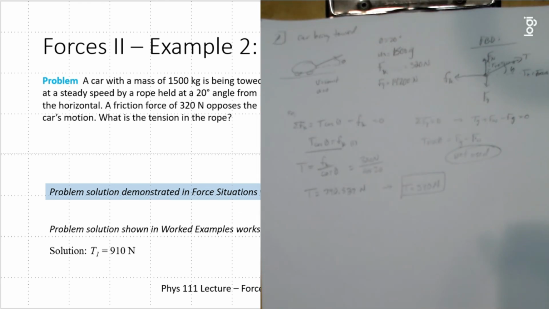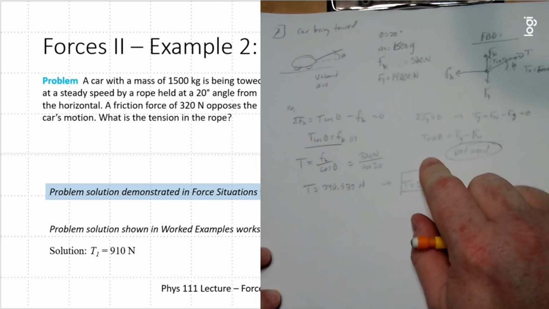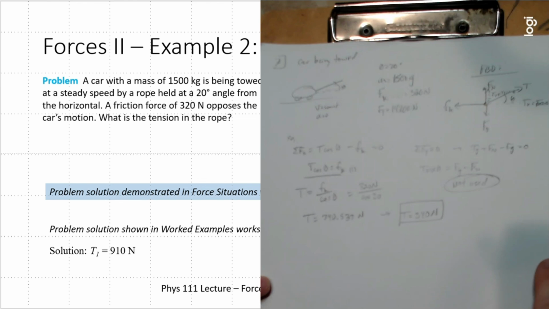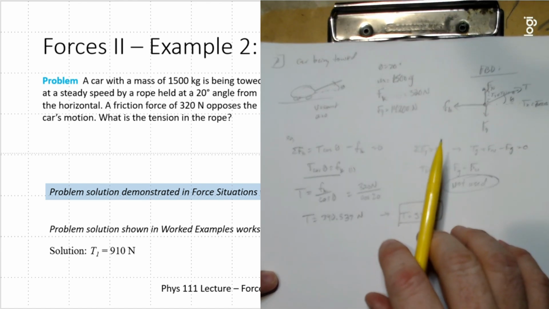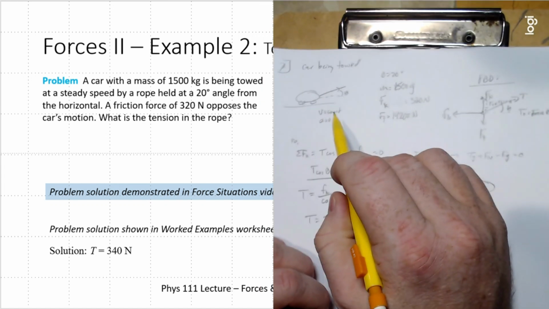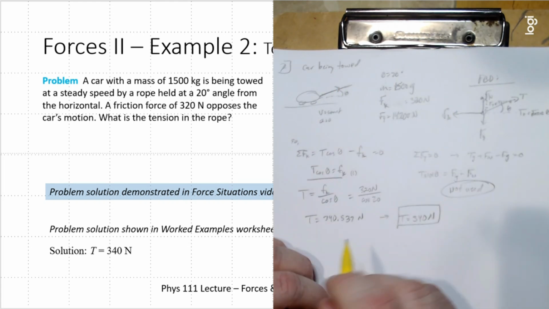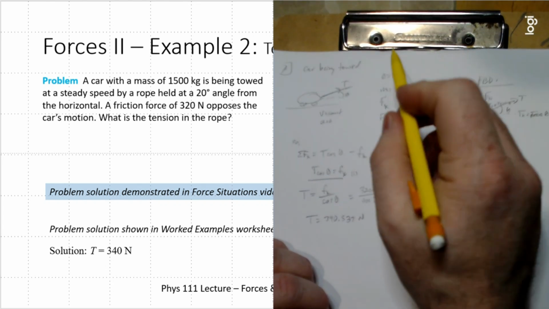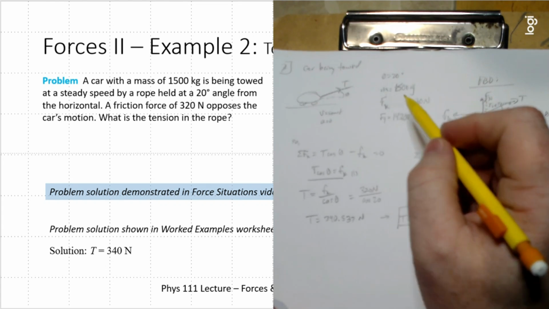This one I already had prepared. Let's see if we can get some focus. Please excuse any blurriness; this thing likes to auto focus itself. And so we draw the picture of the car being towed with your arrow, tension going this direction, or the force being pulled on it. I'm going to label that T. We've got our knowns and unknowns stacked up here: theta, mass.